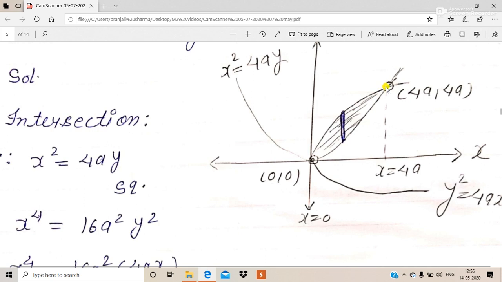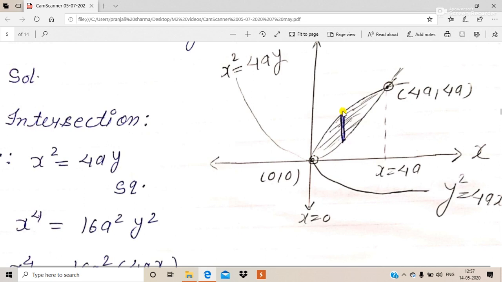Therefore the limits of x will be constant ordinates x is equal to 0 to x is equal to 4a. So the limits of x will be from 0 to 4a, and the limits of y will be the lower curve up to the upper curve.